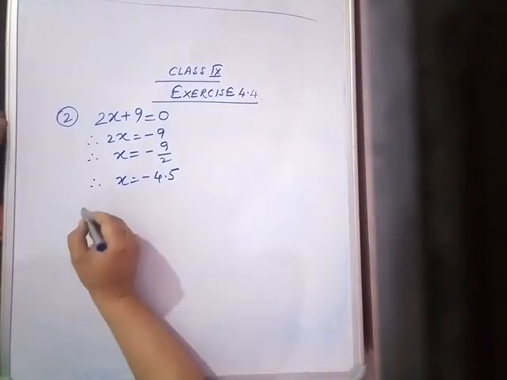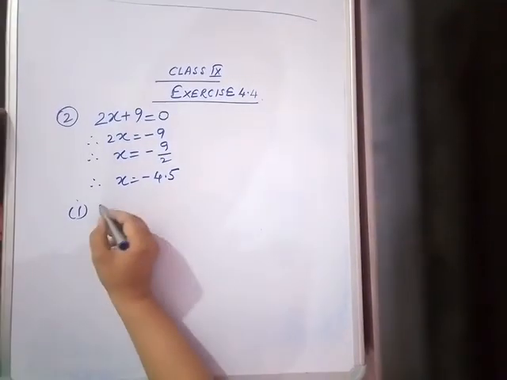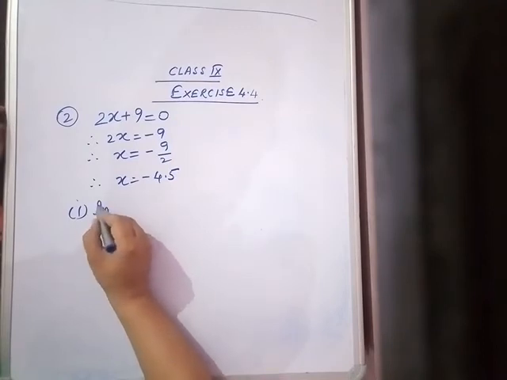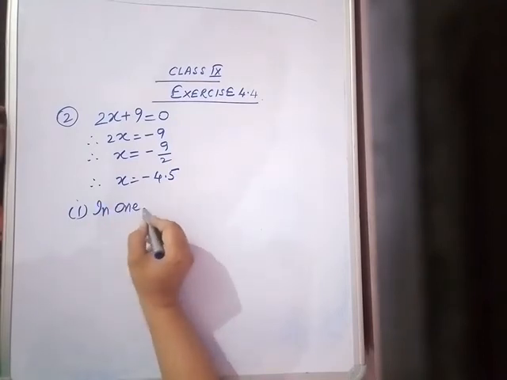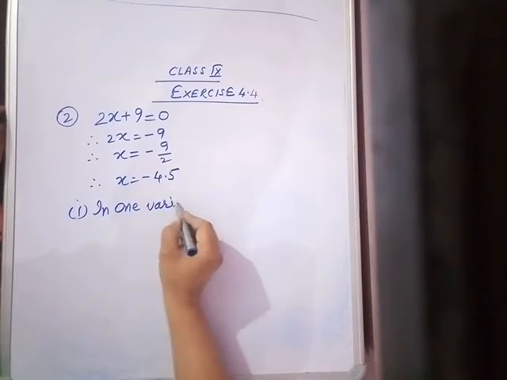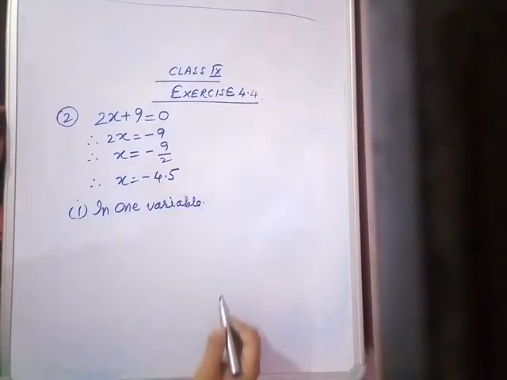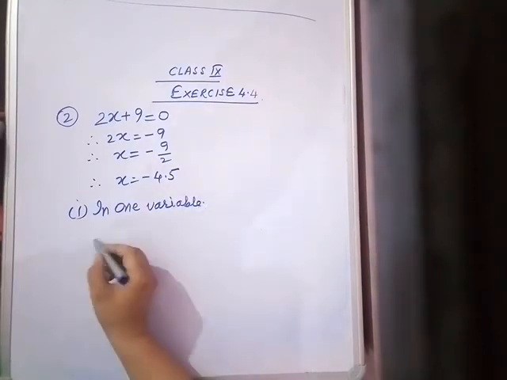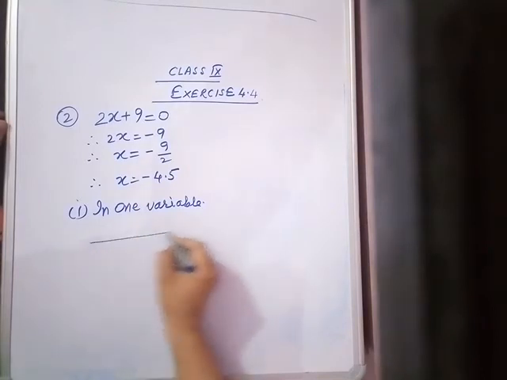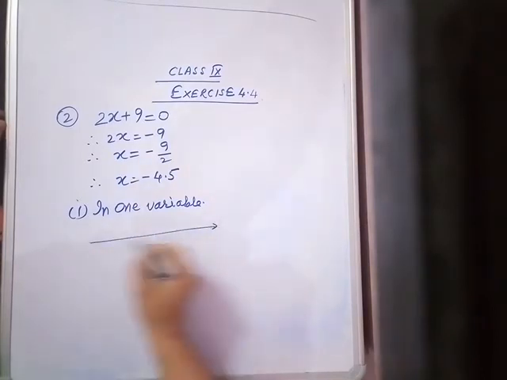So first case, in one variable, this may be represented on the number line only, simply a point.